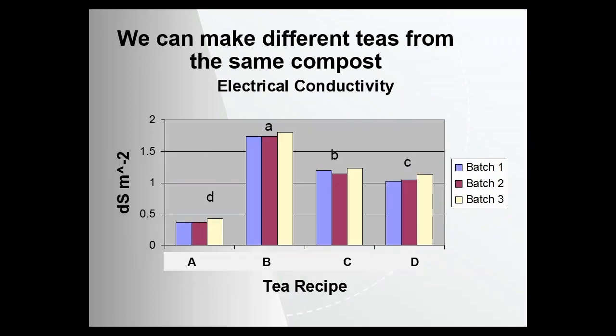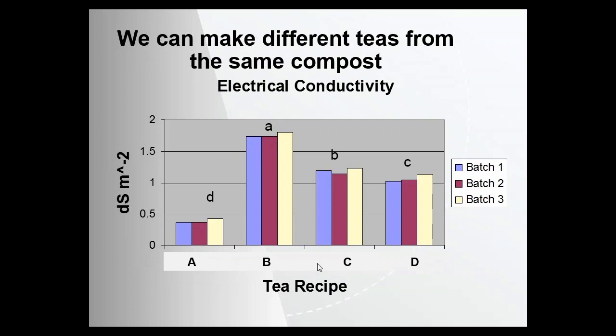We can also see a difference in electrical conductivity. This is a measurement of salt concentration in your compost tea. In this case, we have one that has a very low salt concentration. So this was a compost tea with very low additives. Here we have one that had a lot of additives in it, and our electrical conductivity is almost at 2. So this one's going to be very, very high salt.